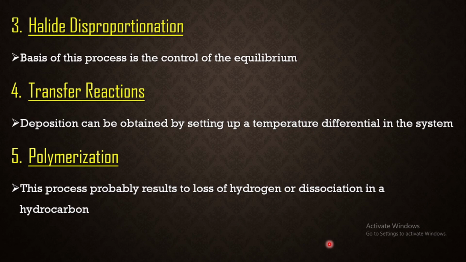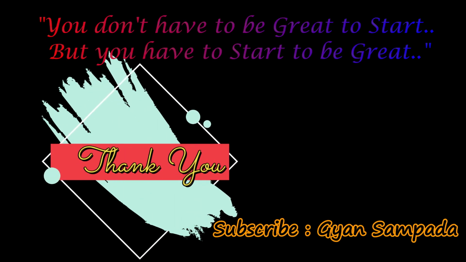In our next class we will deal with one type of CVD, that is MOCVD, metal organic chemical vapor deposition technique, and after that we will look at the advantages as well as disadvantages of the chemical vapor deposition technique. So this is about today's class.